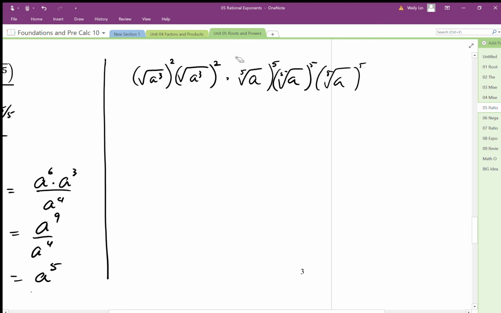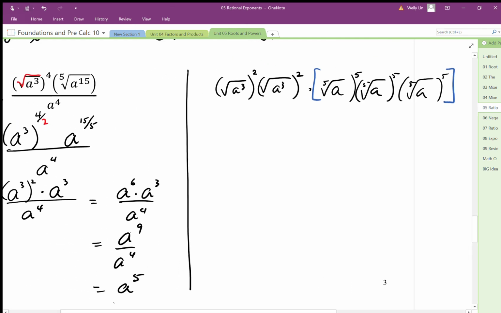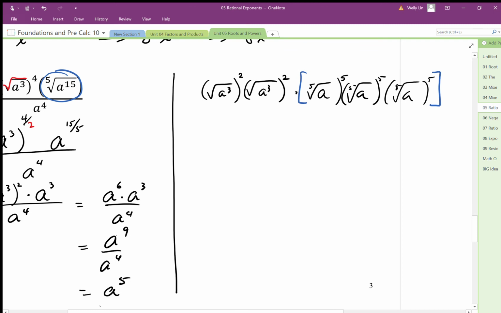So maybe I'll group that in blue. The fifth root of power 15, I can just keep my root and show my power 15 as power 5, power 5, power 5.